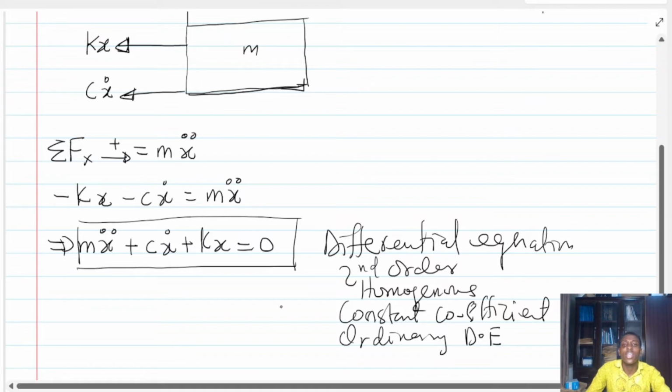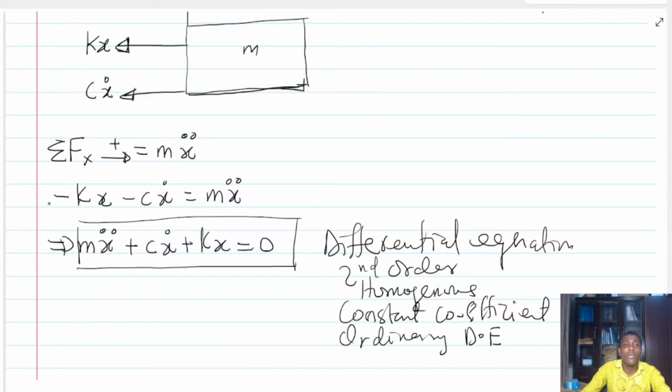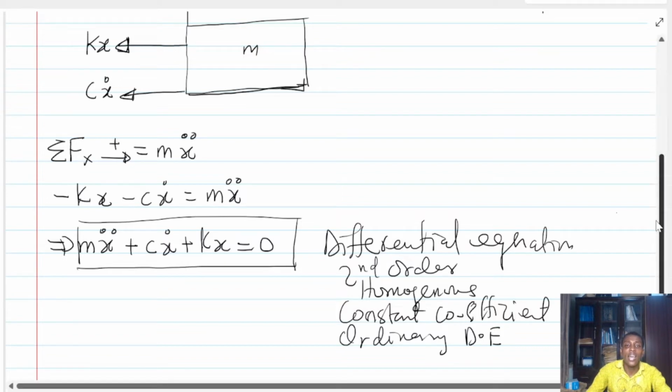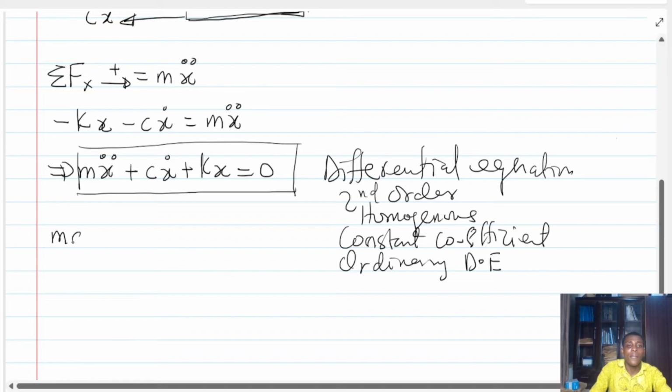because I have only one independent variable, and the independent variable in the system is time. If I were to write this in your differential equation class, you would see it as m d squared x over dt squared plus c dx over dt plus kx equals 0.